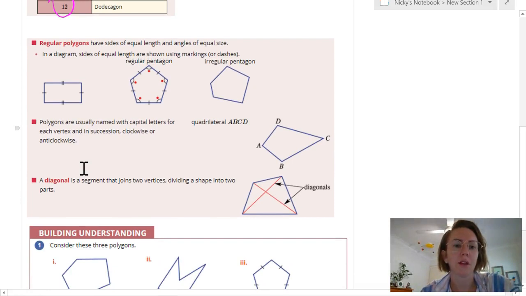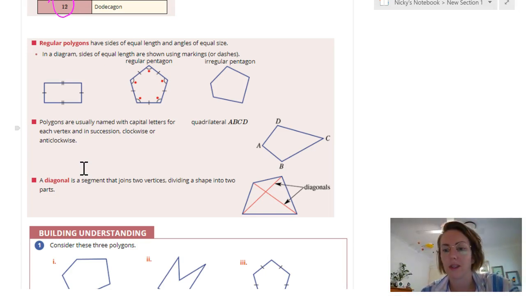So we've got regular versus irregular pentagons. We try not to use words like normal and weird, or usual or standard. We try to use the words regular and irregular. The real thing there is that a regular polygon has equal length sides, and because of that they have equal angles on the inside as well.